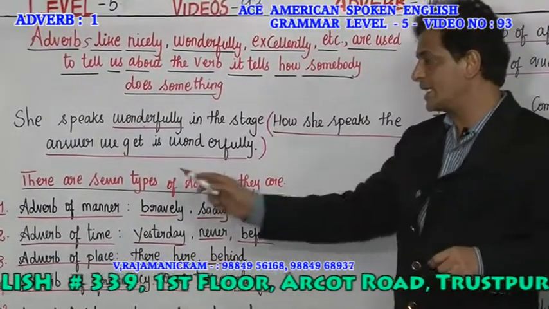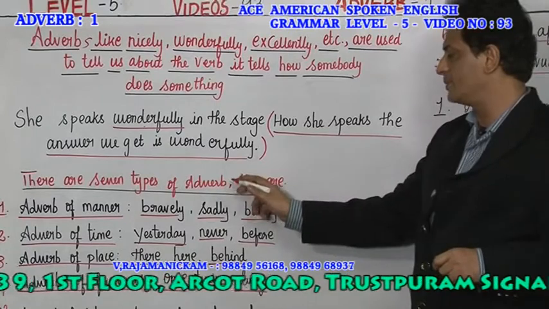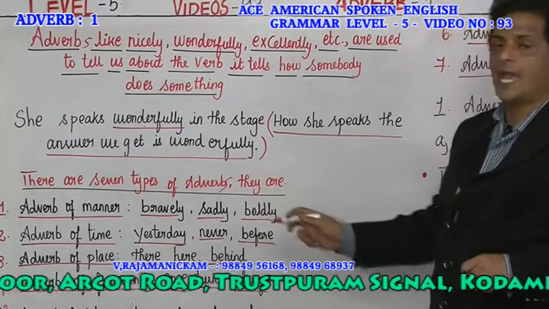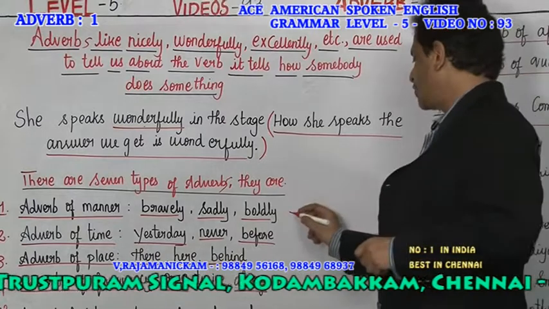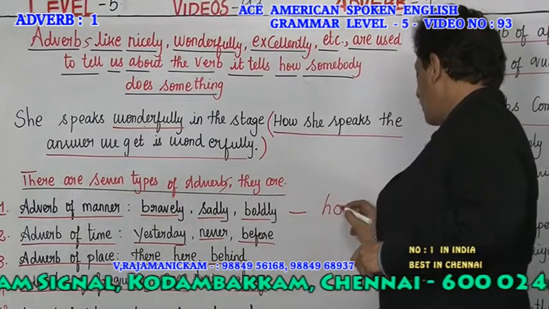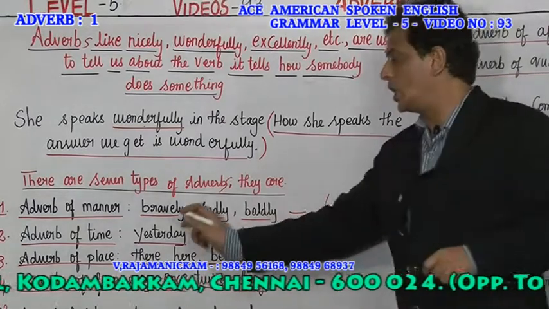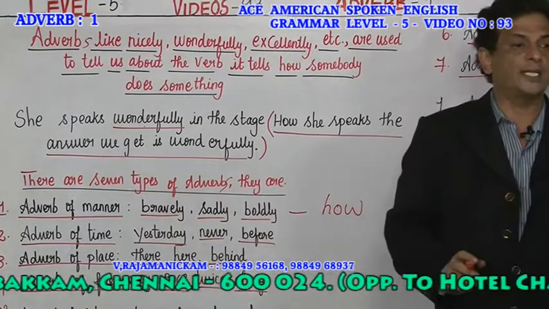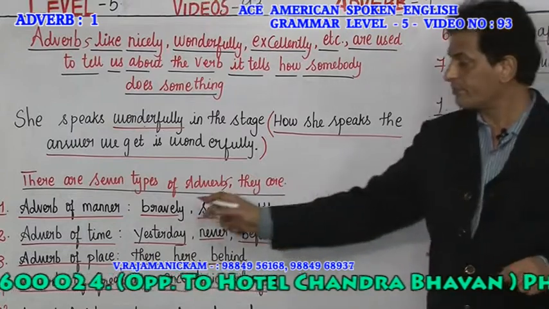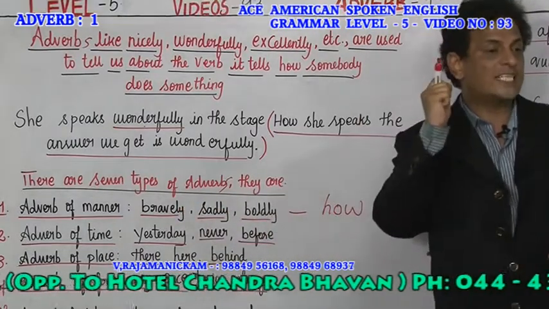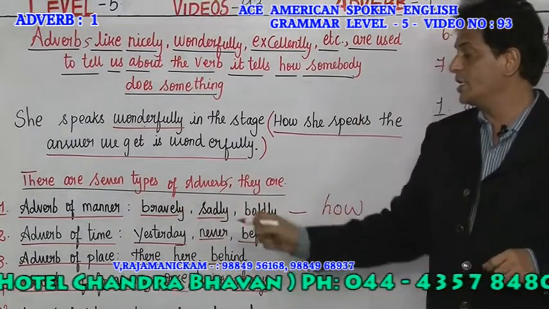See here, there are 7 types of adverbs. What are they? First, adverb of manner. You ask the verb a question, how? The answer you get is called adverb of manner. Most adverbs of manner end with ly. He fights. How does he fight? Bravely.